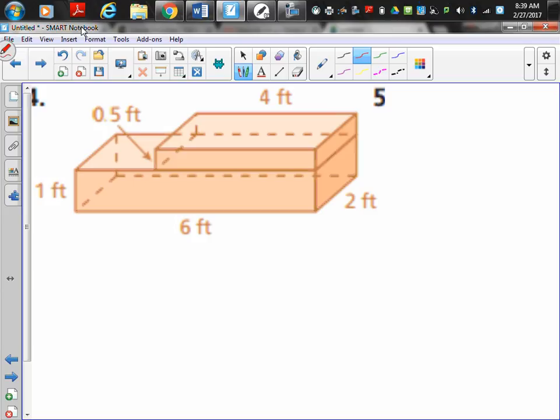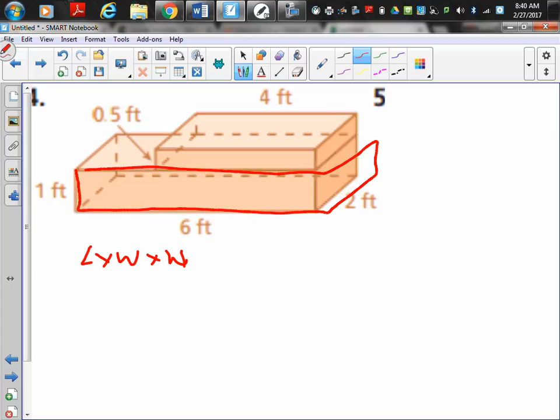Alright, so you said we have two rectangular prisms. Formula is length times width times height. Take the first one. Alright, so what's my length? 6.